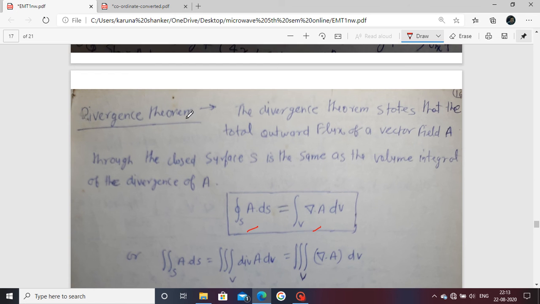The statement of divergence theorem: the total outward flux of a vector field A through a closed surface S is the same as the volume integral of the divergence of A. This is your divergence theorem.